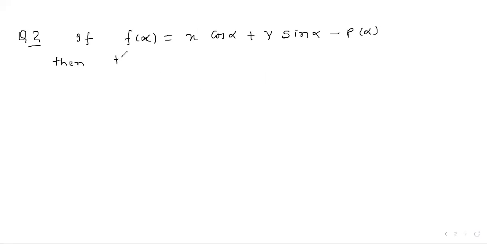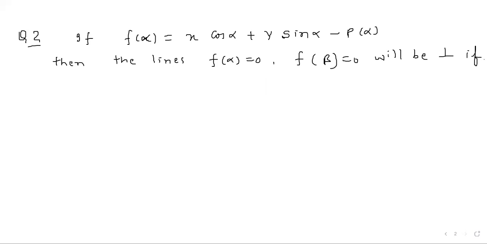Question number 2. If f(alpha) is given as x cos alpha plus y sin alpha minus p(alpha), then the lines f(alpha) equal to 0 and f(beta) equal to 0 will be perpendicular.